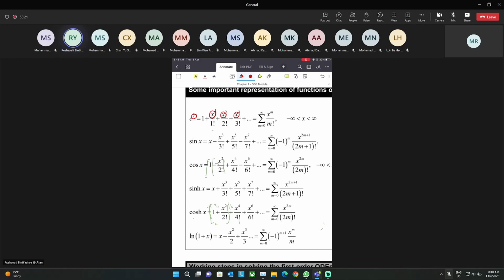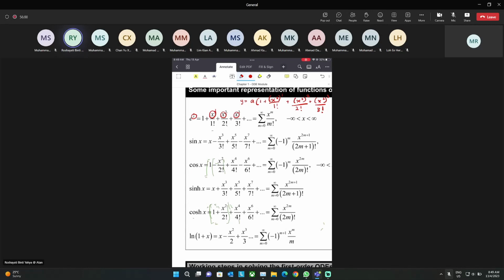In your case, just now you have 1 plus x squared to the power of 1 over 1 factorial, plus x squared to the power of 2 over 2 factorial plus x squared to the power of 3 over 3 factorial.